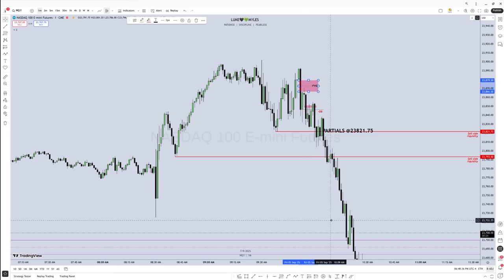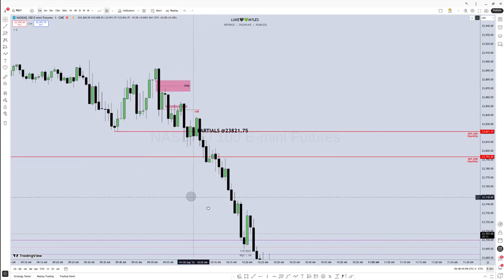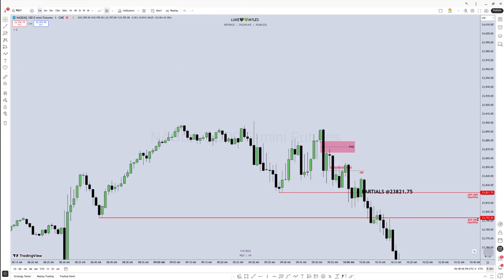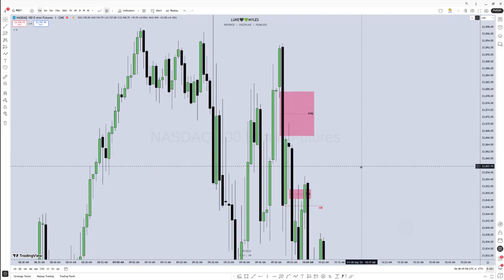But what I would want you to turn your eye to is, to what point does the market retrace into our fair value gap? Now, for these fair value gaps, as we do the premium and discount, we have where they are strongest. So a bearish fair value gap is strongest below 50%.